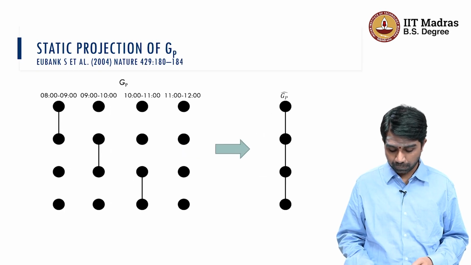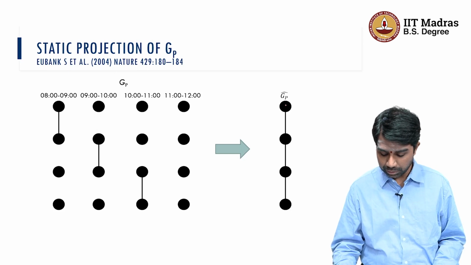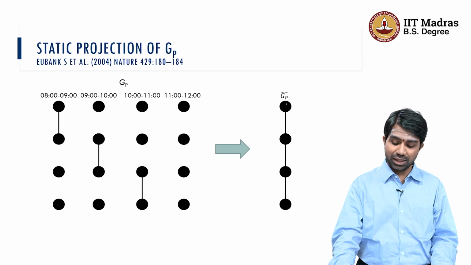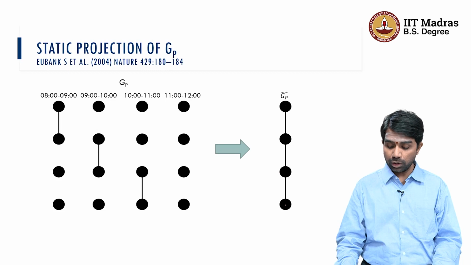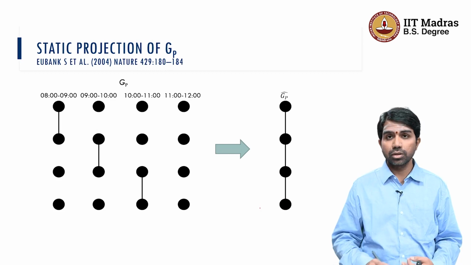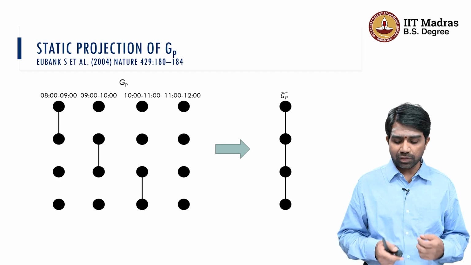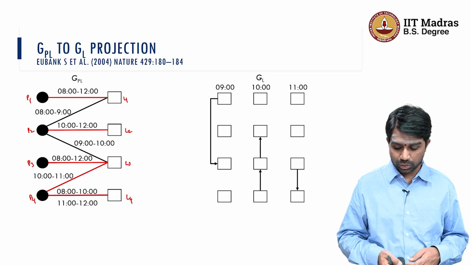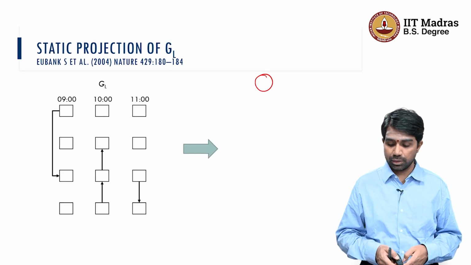So you know that P1 never came into direct contact with P4, but P1 can still pass the disease to P4 via P2 and P3. So these are the kind of things that this graph can capture, and then you can perform a lot of simulations on this. So this EpiSims 3 was the tool that they developed, which is able to capture many of these behaviors.